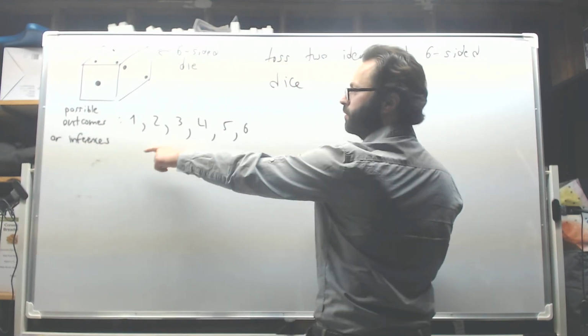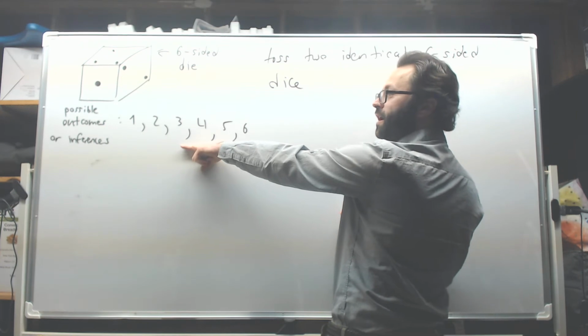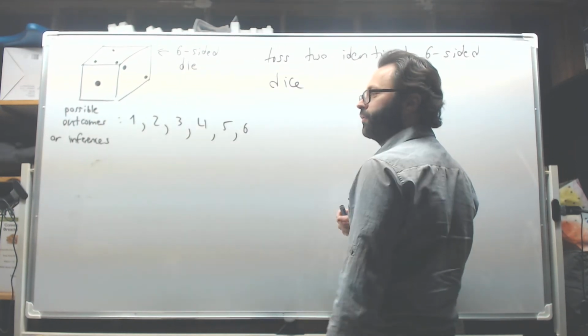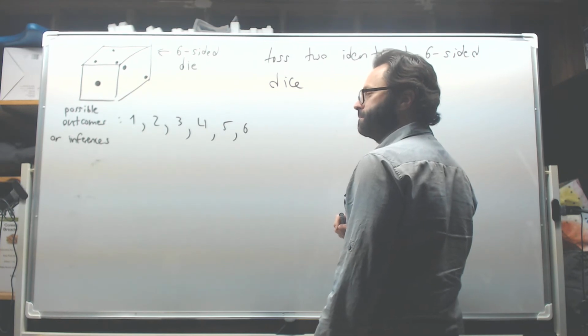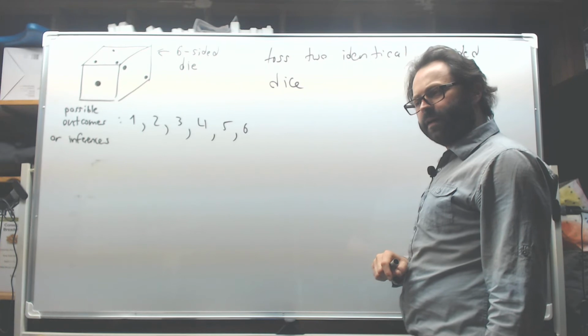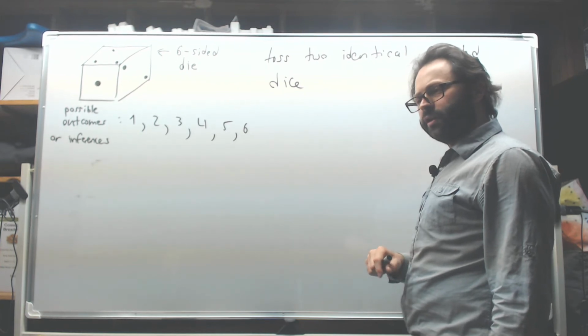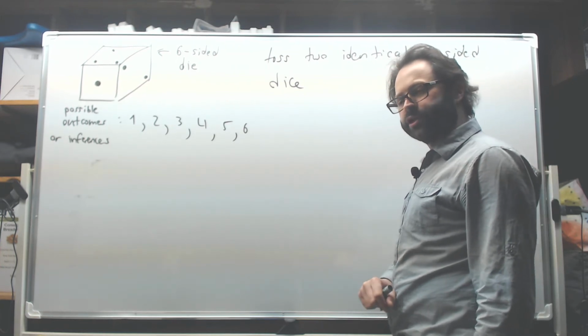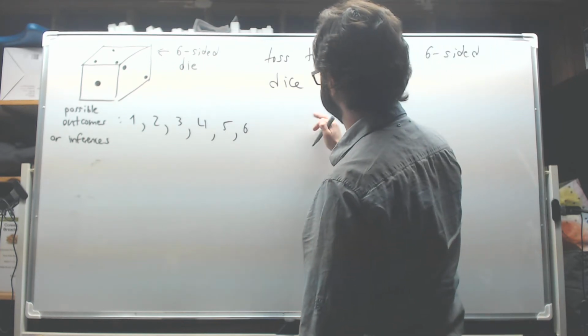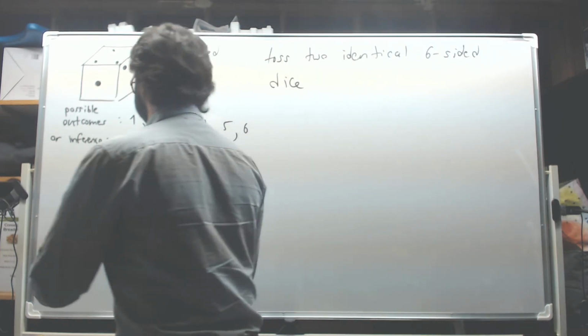Again, the number of outcomes for each individual die is 1, 2, 3, 4, 5, 6, and they're identical, so that's true for both of them. What is the probability that you get the face 1 in the first one, the face 4 in the second one? So let's write this in our notation.